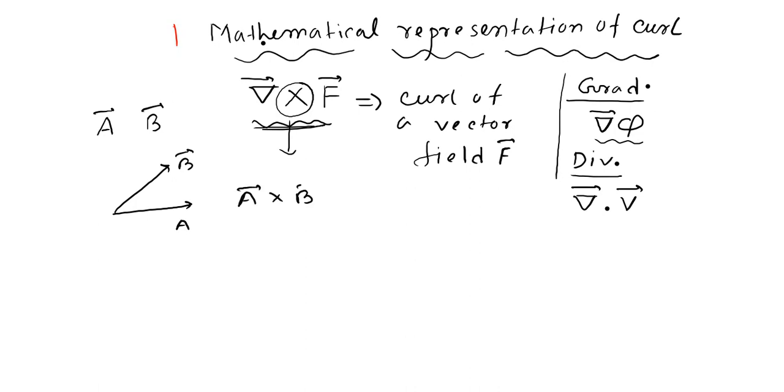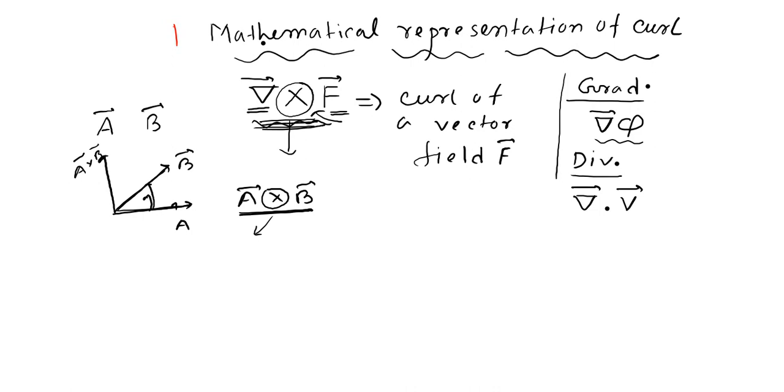If you take the screw rule, or your right-hand thumb rule, and rotate vector a toward vector b, it gives you a cross b, which is perpendicular to both a and b. So a cross b itself gives an idea about the rotation of the vectors. That's why, to represent the curl of the vector field, the cross product is placed between nabla and the force field. This is the mathematical representation of the curl.